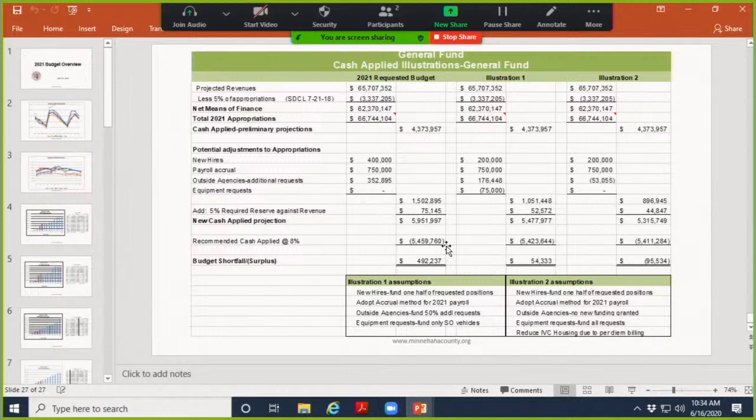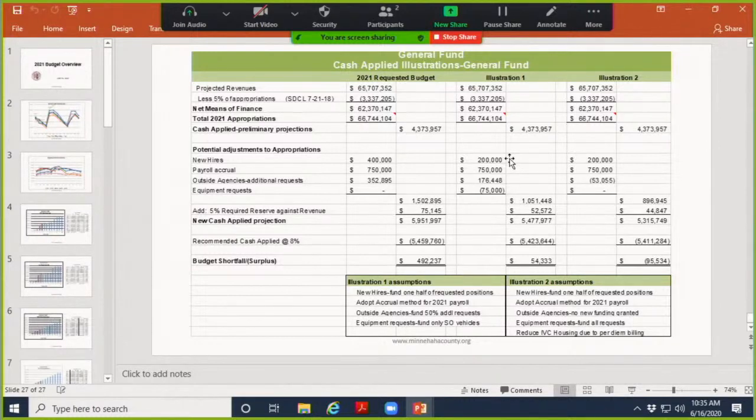If we take the position that we're comfortable with budgeting our cash applied at 8% of appropriations, our target cash applied number is $5.4 million roughly, which means there's $500,000 too much built into these appropriations if all requests are granted. In illustration 1, you can see that we're changing some of the adjustments that would be authorized.